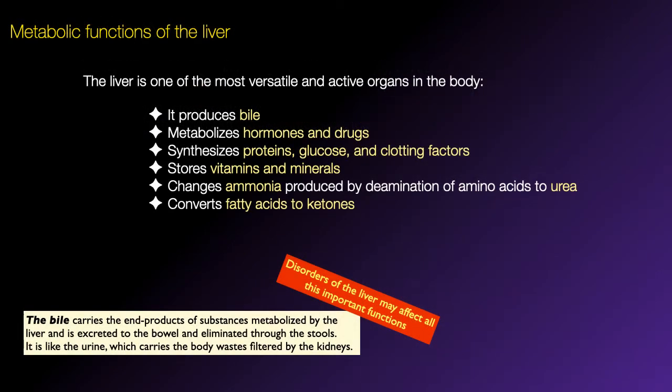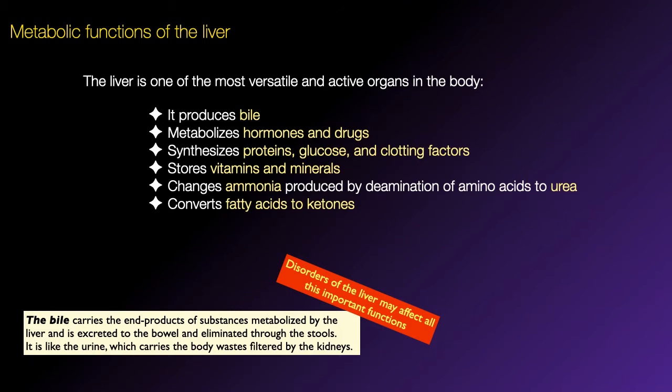Okay, and this is because the liver has many functions, like producing bile, necessary for digestion of fats and also for fat-soluble vitamins. It also metabolizes hormones or drugs, so they get deactivated.